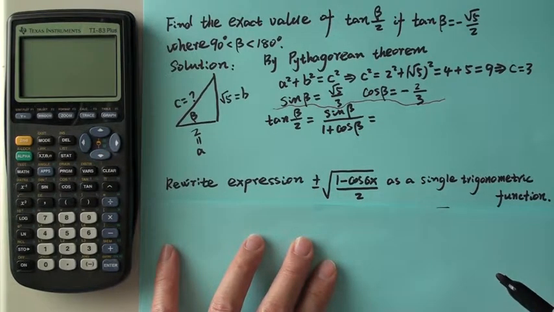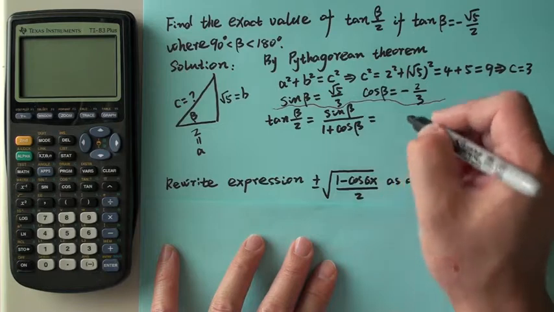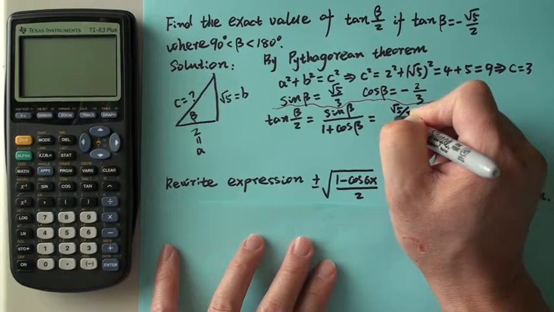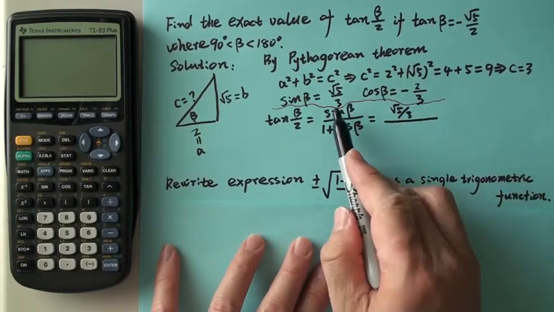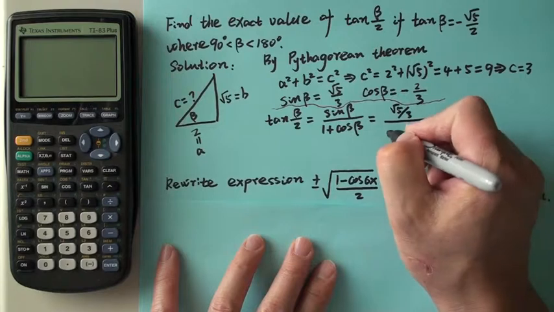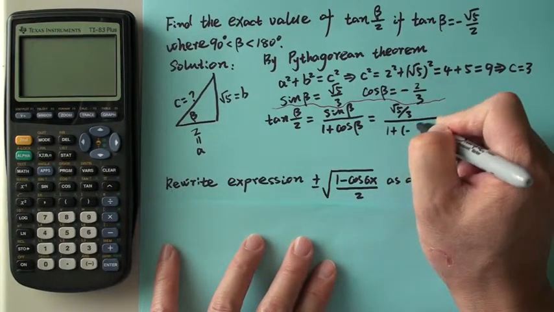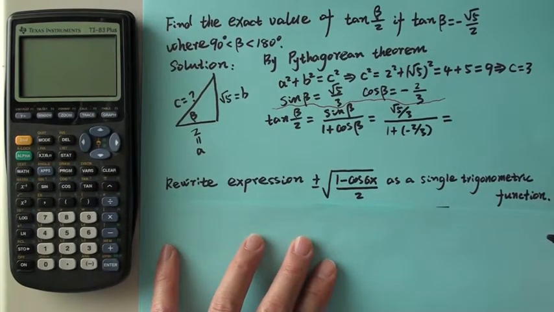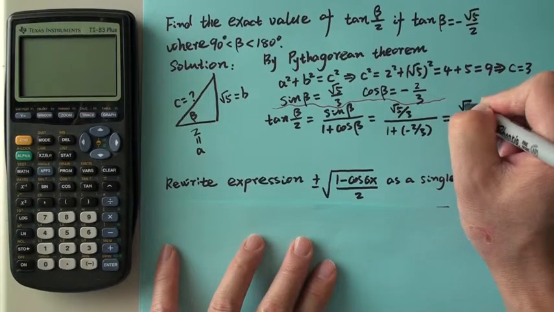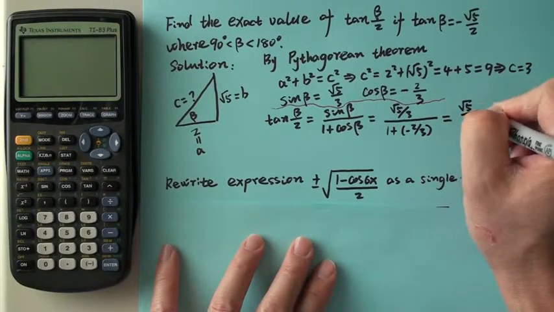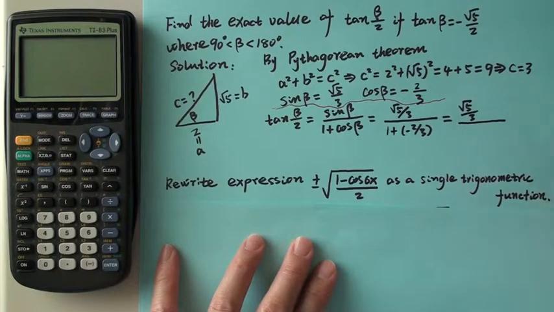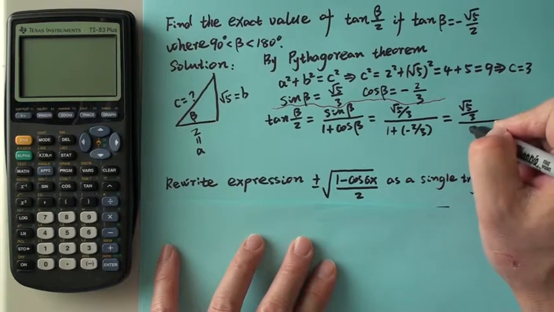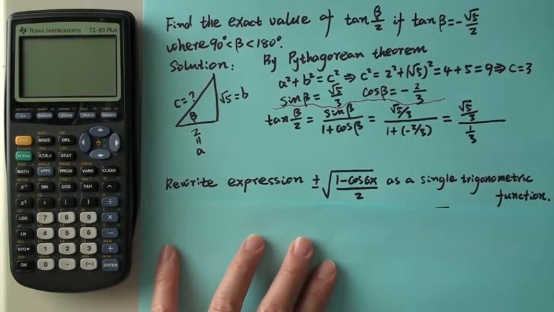We're going to remember that. Sine beta is radical 5 divided by 3, and cosine beta is negative 2/3, so the denominator is 1 plus negative 2/3. Now radical 5 over 3, downstairs is 1 plus negative 2/3. That's 1/3.